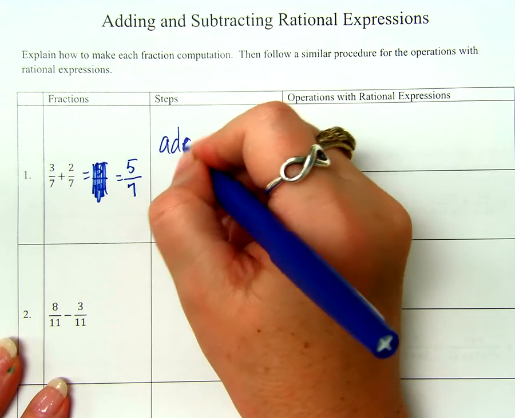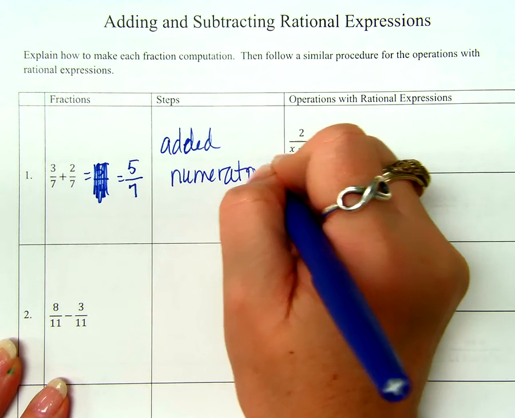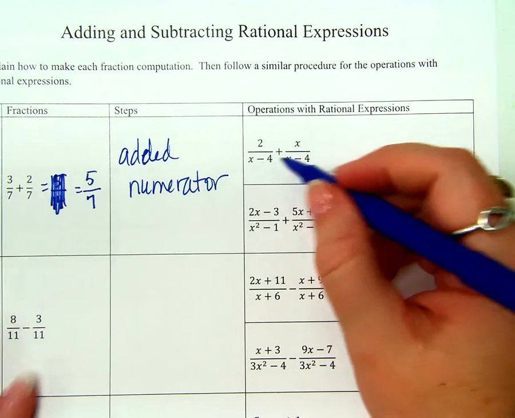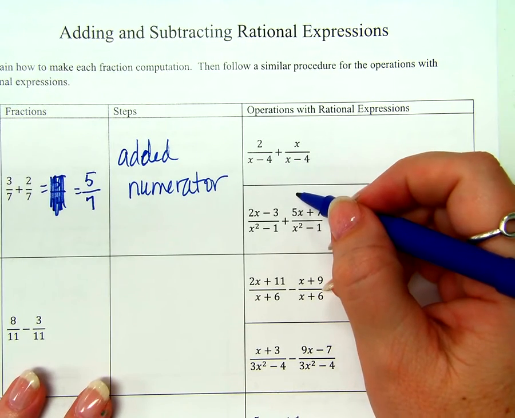Added the numerator. All right, so what if it looks all messy and ugly like this one? Do we care?